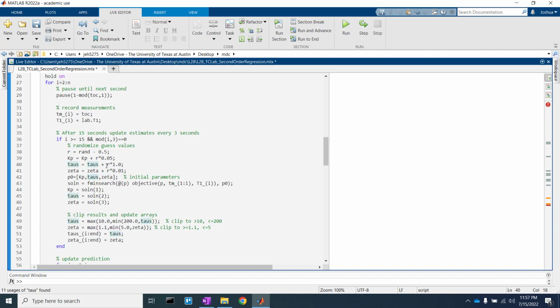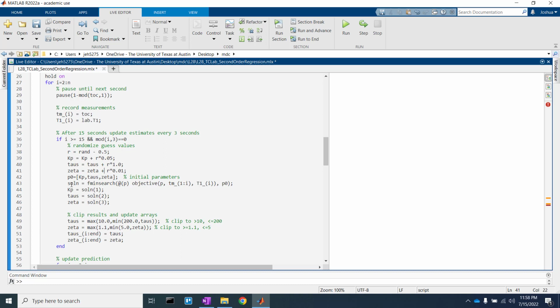So we take our previous value and then we multiply it by some value here. We take our previous tau plus some value between negative 0.5 and 0.5, or for zeta plus or minus 0.005. We're adding that just to induce a little bit of randomness.